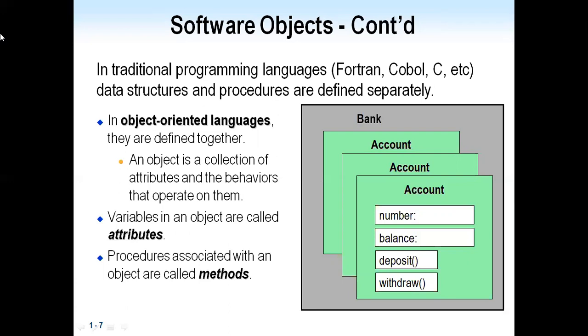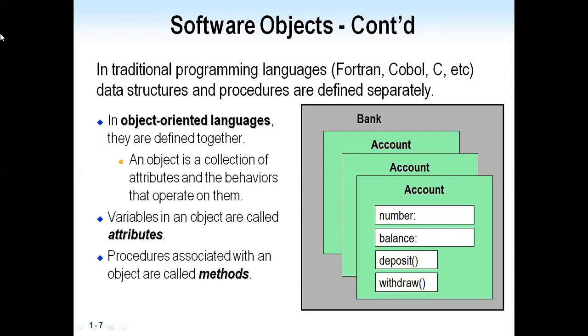In procedure oriented languages, to define any object you use data structures and procedures, but in object oriented languages the procedures and data structures are defined together.